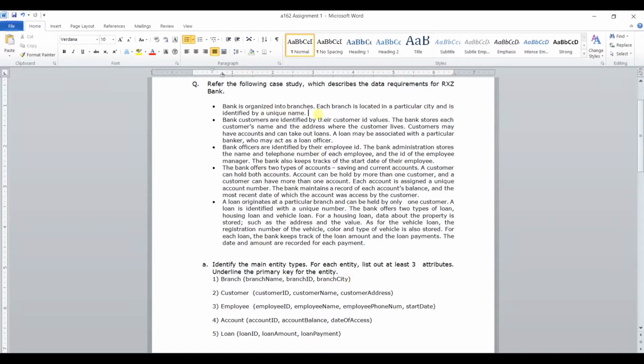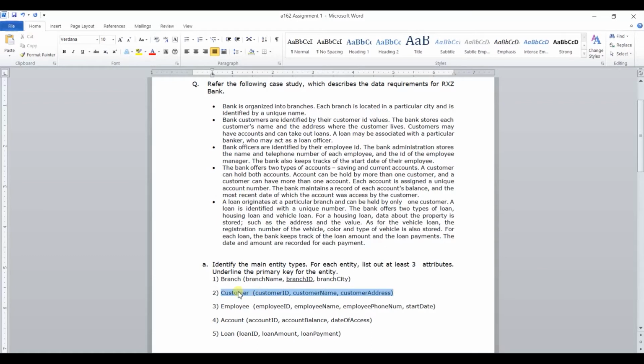So here we can know that the entity is branch, and for the attributes of the branch I write branch name, branch ID, and branch city. Okay, this is the first entity, and the primary key for the branch is branch ID.